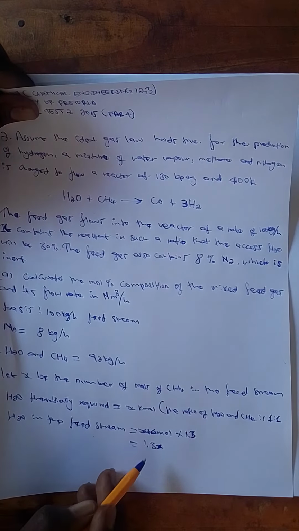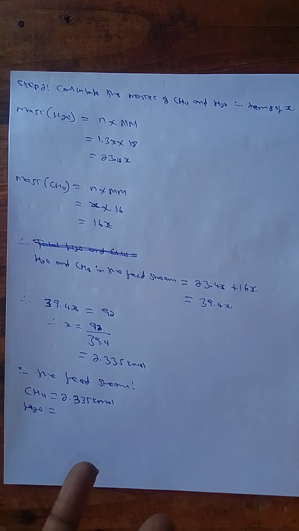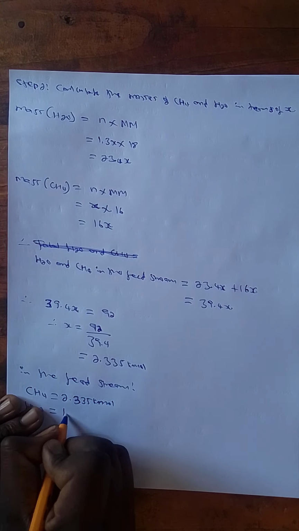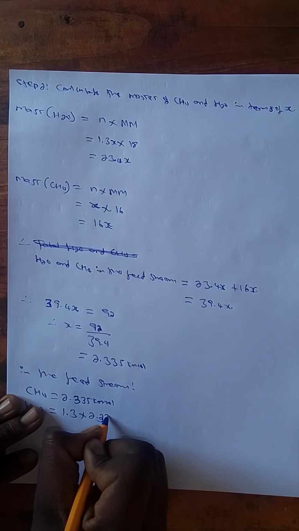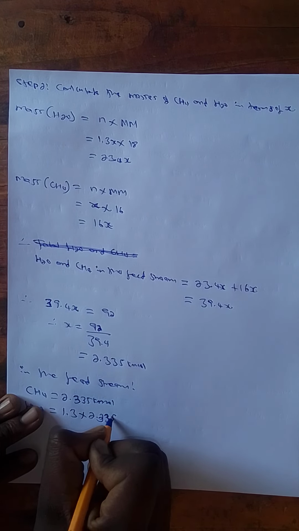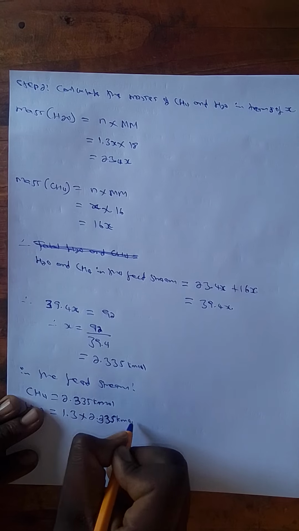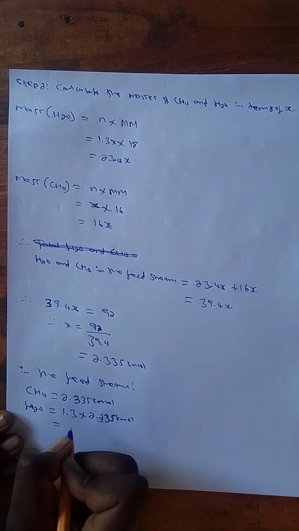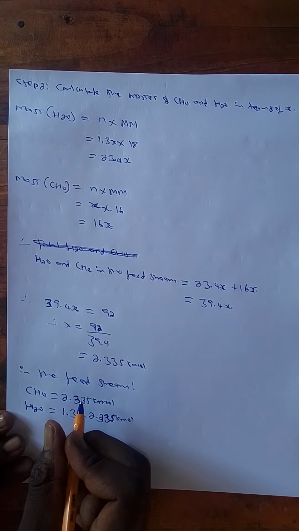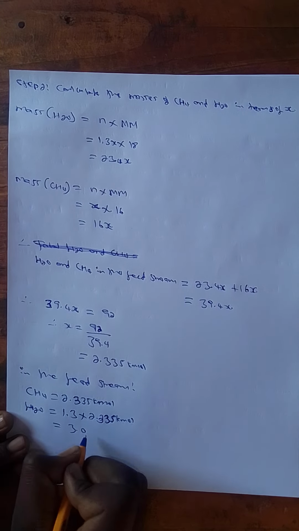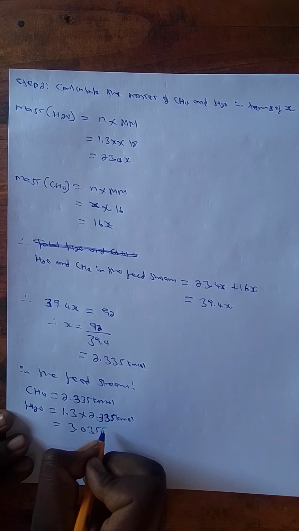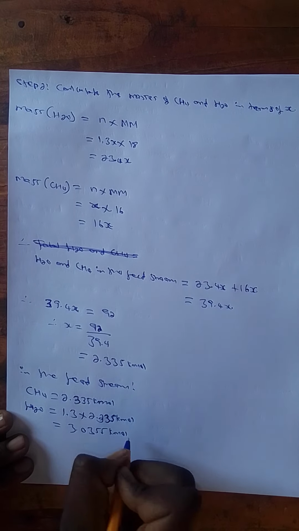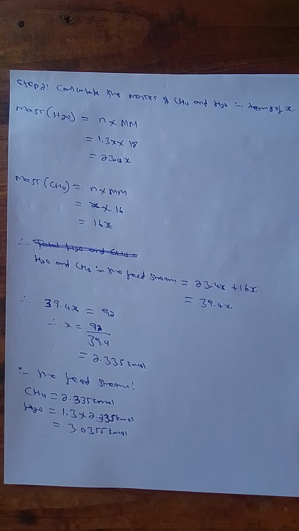Remember, the H2O is actually 1.3x because it's in 30% excess. So the H2O is equal to 1.3 multiplied by 2.335 kilomole, and if you use your calculator, it gives you 3.0355 kilomole.